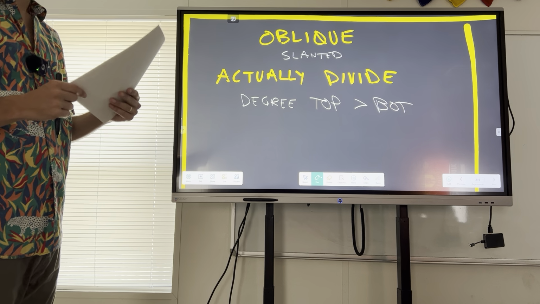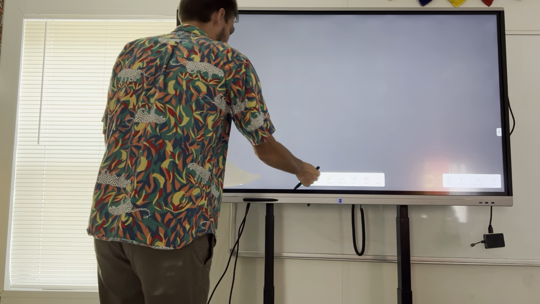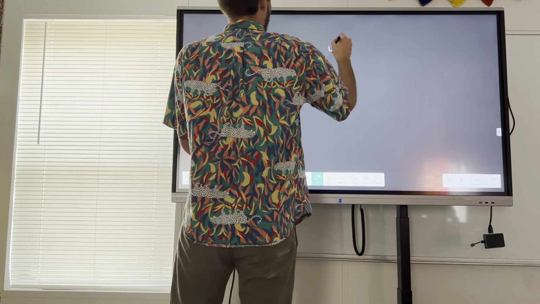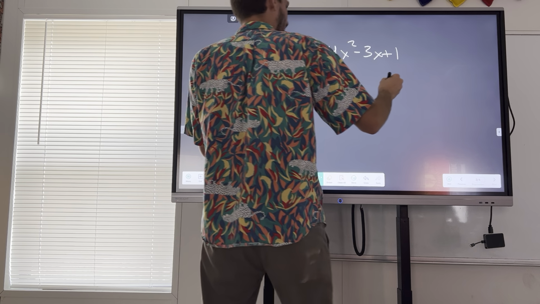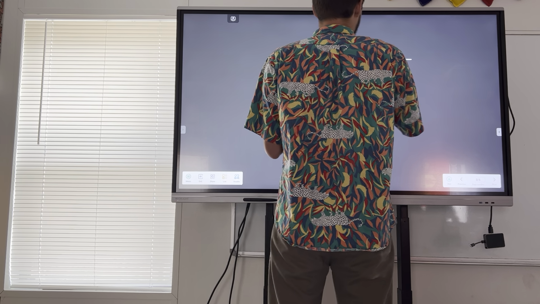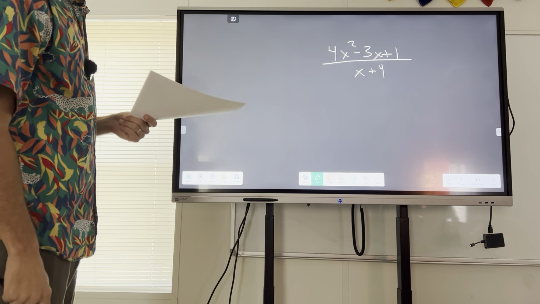Okay, so let's talk about how to divide polynomials. Let's say we have this question, 4x squared minus 3x plus 1 over x plus 4 down there.